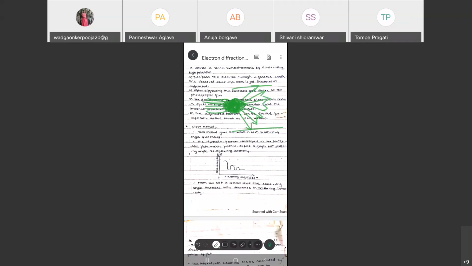Where the light comes out of your sample is known as scattering, and that scattering gives rise to the formation of a diffraction pattern of your sample.